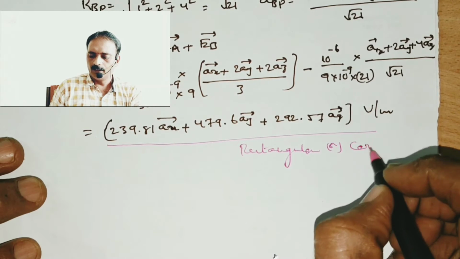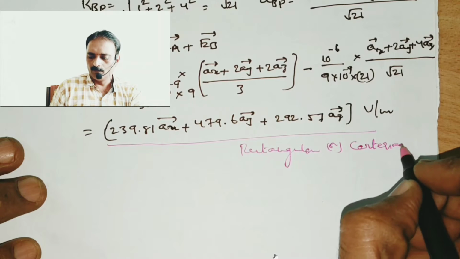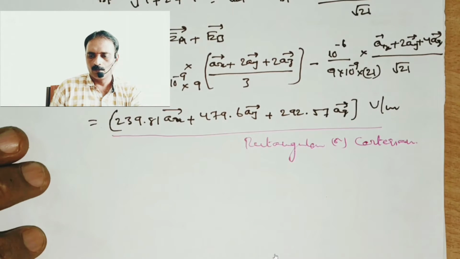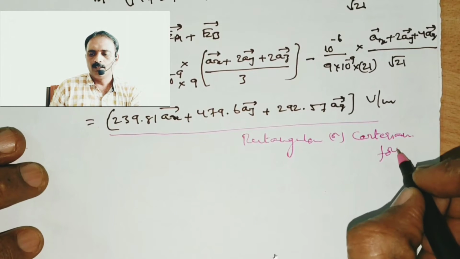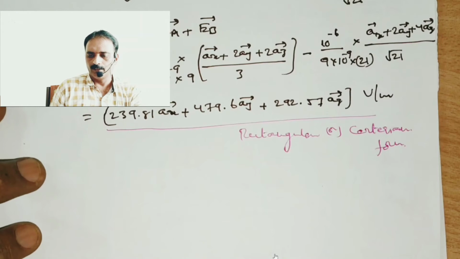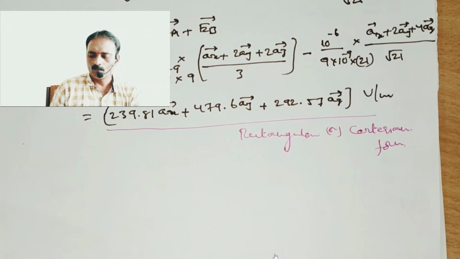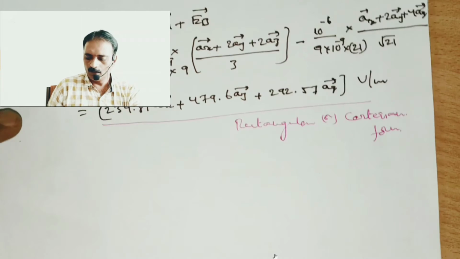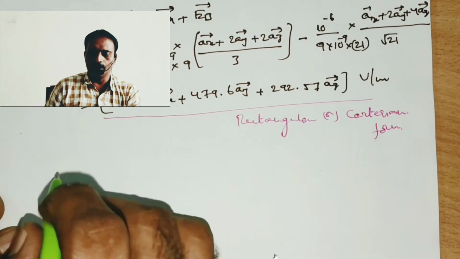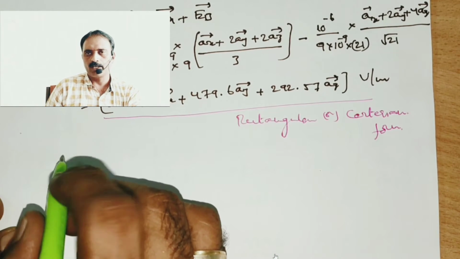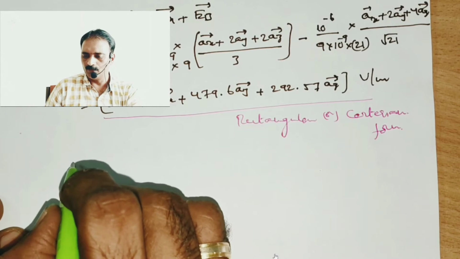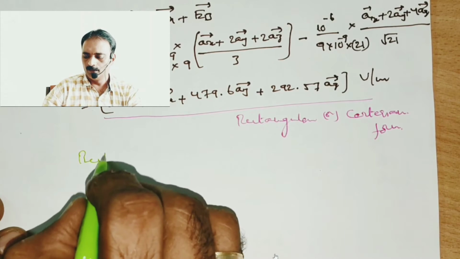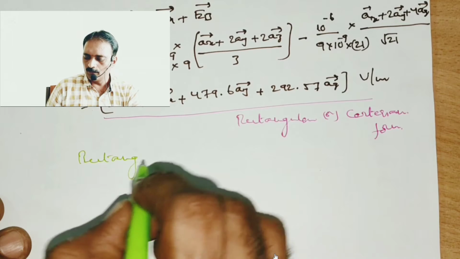Let us consider the magnitudes along x direction as capital A suffix x, that is Ax. So here the objective is we have to transform this rectangular or Cartesian form to the spherical form.